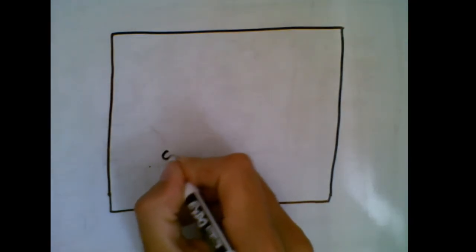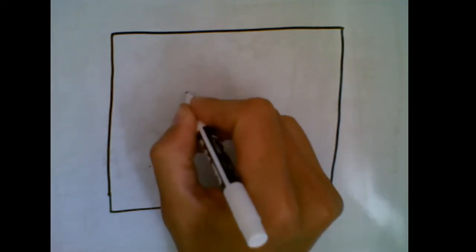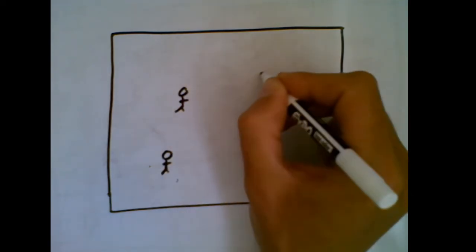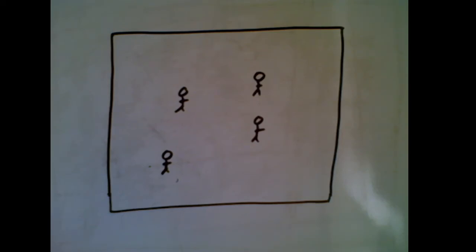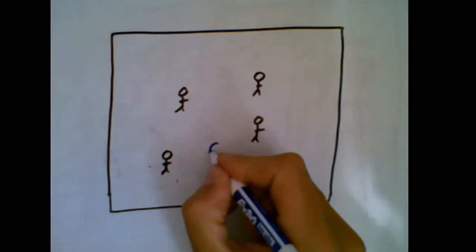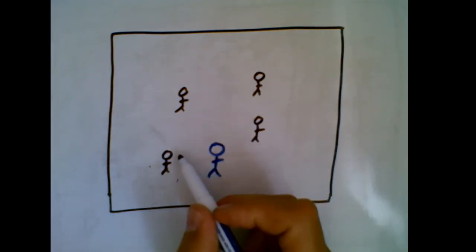So let's think about what this would be like if we had our kindergartners in the gym. The way that I've always thought about this is if you had some kind of sadistic person who was walking through the gym actually forcing collisions to happen. So this blue person is going to be our enzyme.